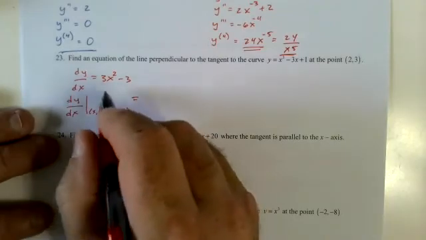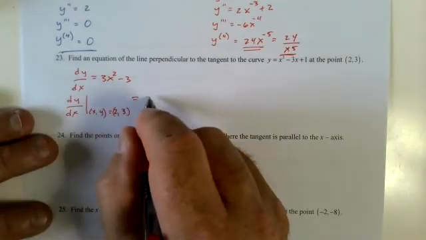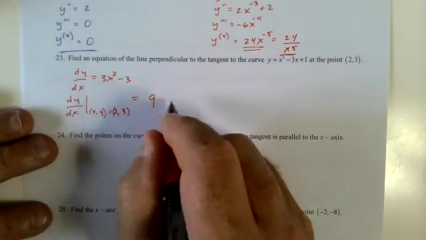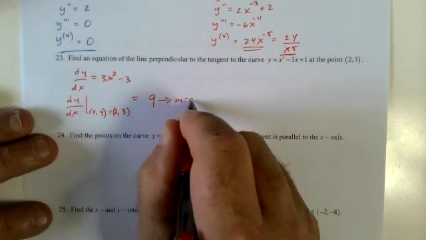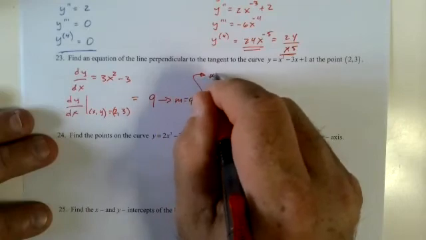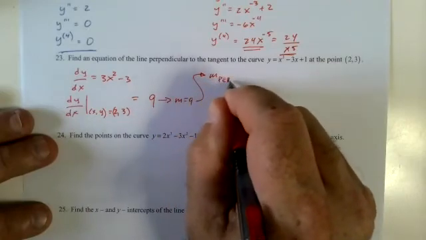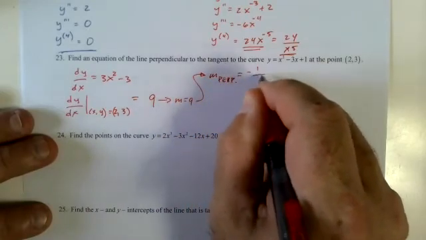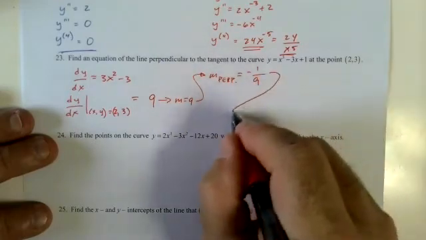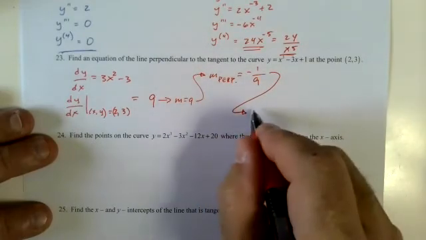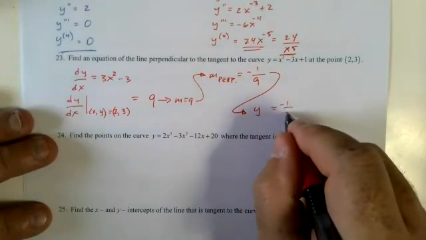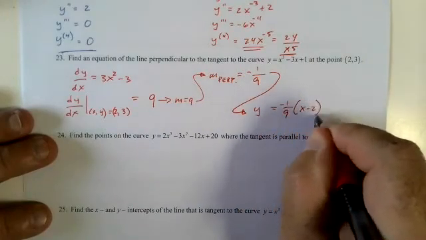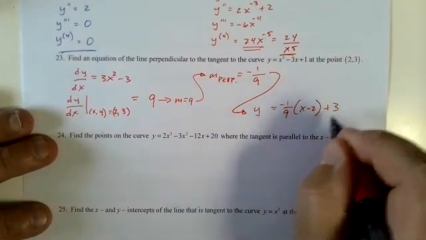We only need that, of course. 3 times 4 is 12, minus 3 is 9. All right. The perpendicular. So we get y minus 3 equals -1/9, x minus 2.